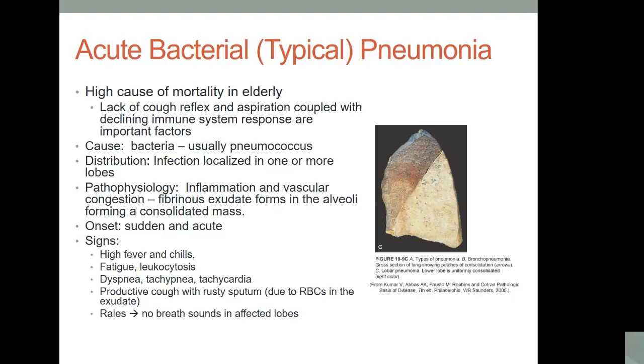And because the fluid buildup is in the alveoli, we get a productive cough with kind of a rusty sputum, and that's due to the presence of red blood cells in the exudate. We get breath sounds of rales to no breath sounds as it worsens in the affected lobes.